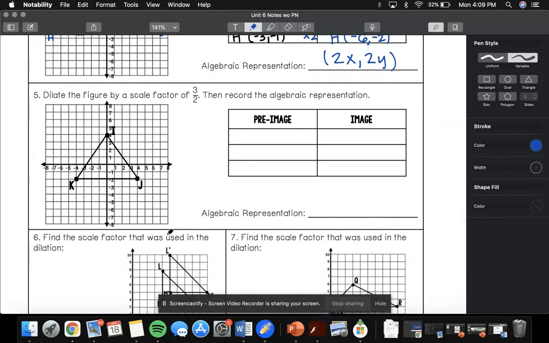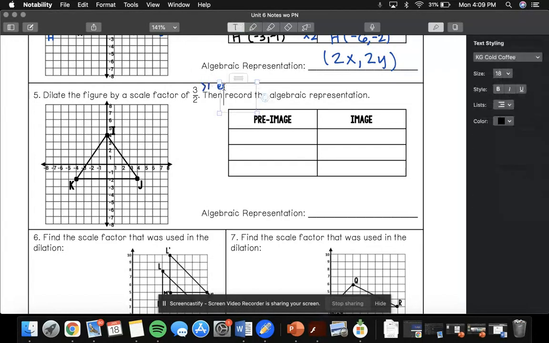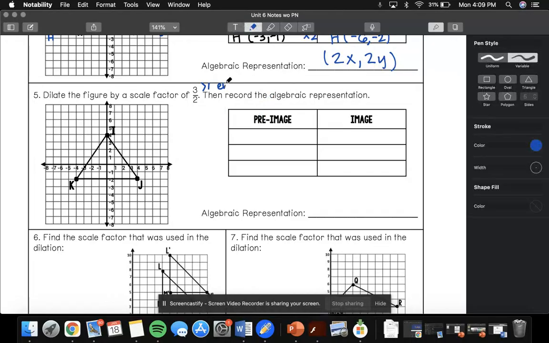All right, this one, it says to dilate by a scale factor of 3/2. So first, it's just good to know if this is going to enlarge it or reduce it. Since this number 3/2 is larger than 1, it hopefully, if we do it right, should enlarge it.